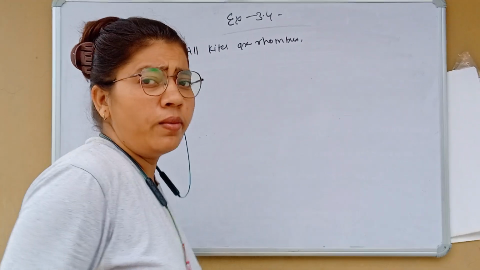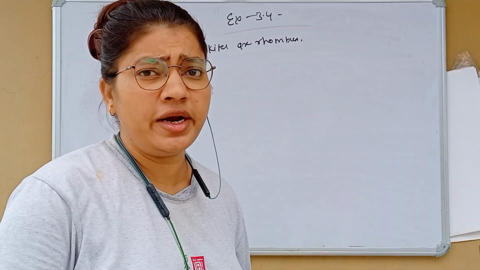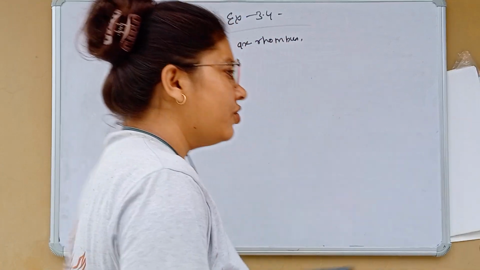We know that a rhombus has a kite shape, but it's not mandatory that all kites are rhombus. Why? So understand the reason.